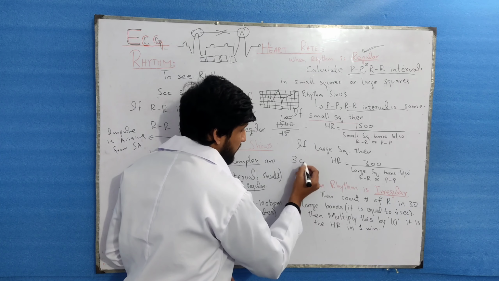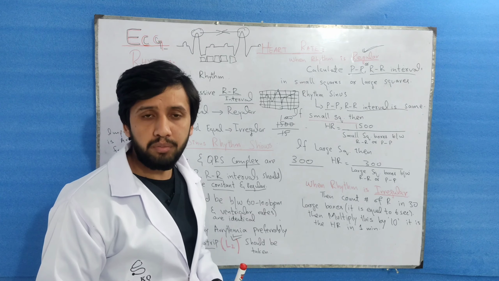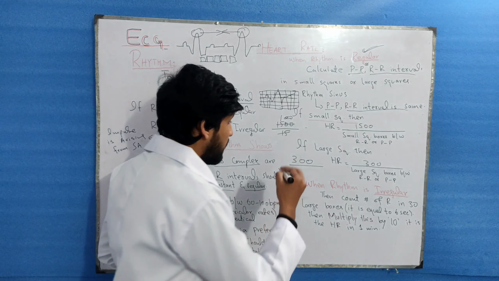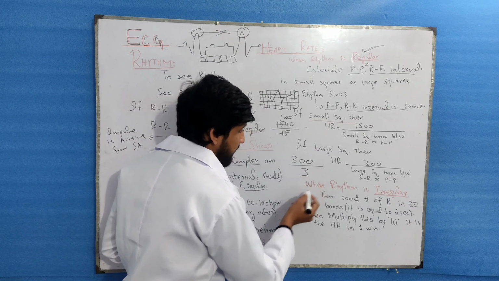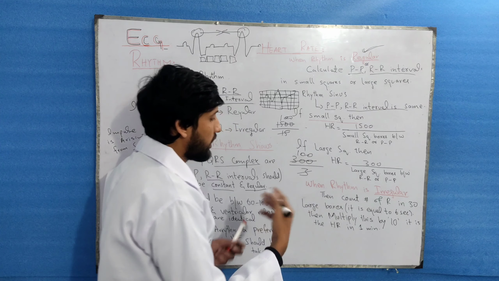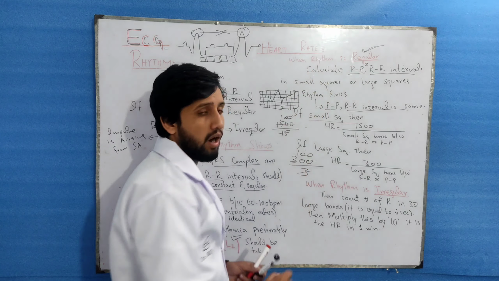Suppose you have 3 large boxes in a PP or RR interval, then the heart rate from large boxes will be 100. You can calculate like this from a regular rhythm of the heart.